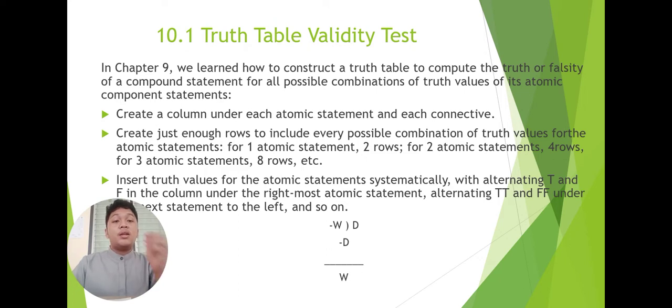So in creating a truth table validity test, we must create a column under each atomic statement and each connective. And then, we need to create just the right number of rows to fit all possible combinations of truth values for the atomic statements: 1 atomic statement, 2 rows; 2 atomic statements, 4 rows; and 3 atomic statements, we end up with 8 rows, and so forth.